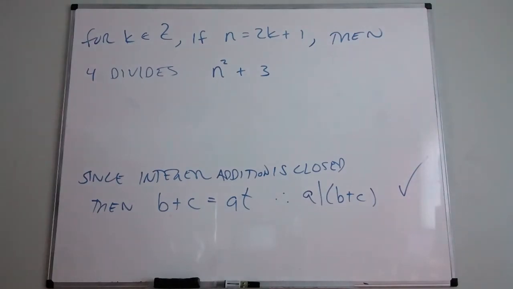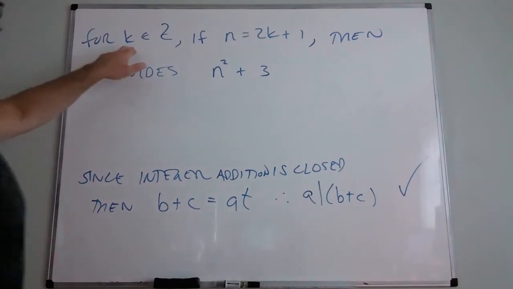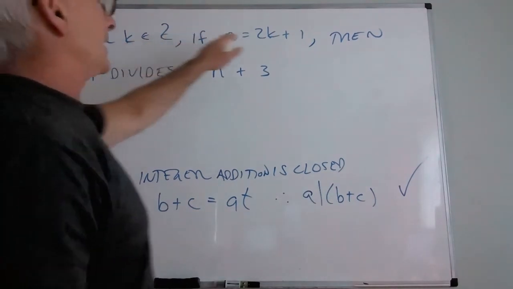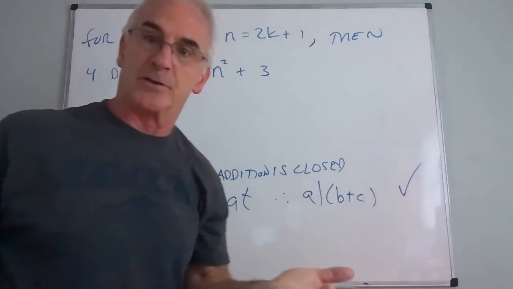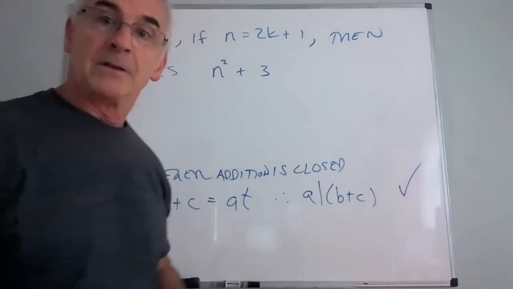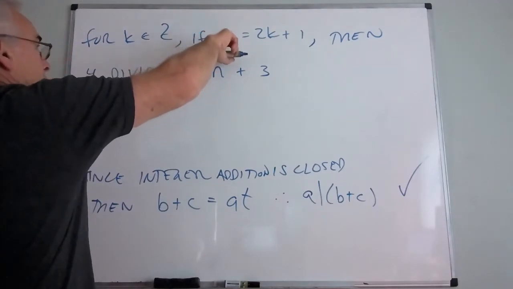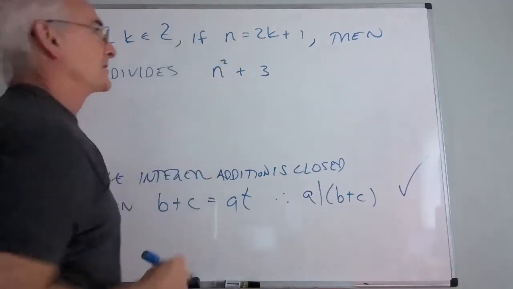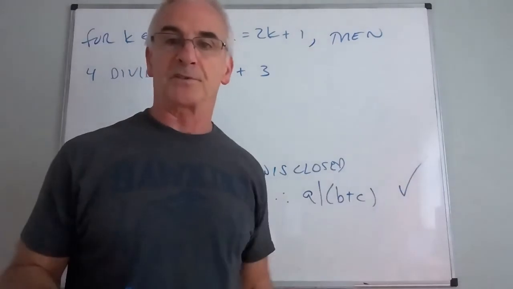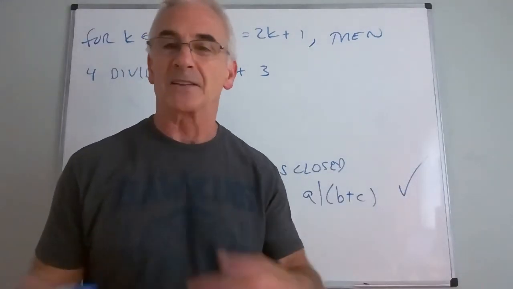I think I said that correctly. So for any integer k, n equals 2k plus 1, that's our definition of an odd integer. Agreed? So basically I'm saying, if I give you an odd integer, then 4 divides the square of that integer plus 3.